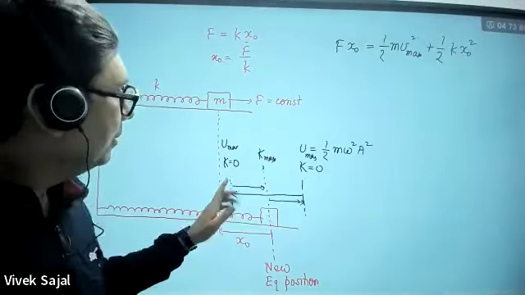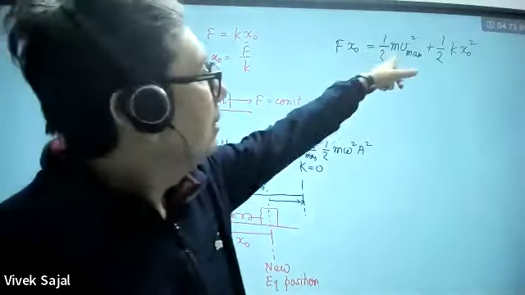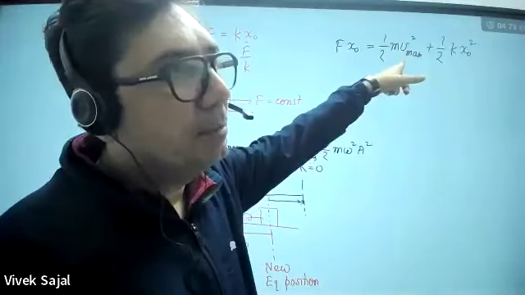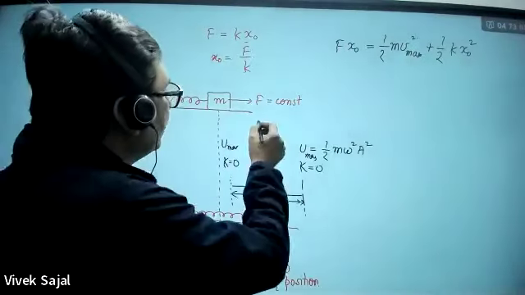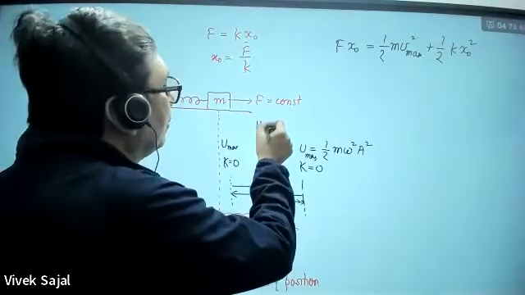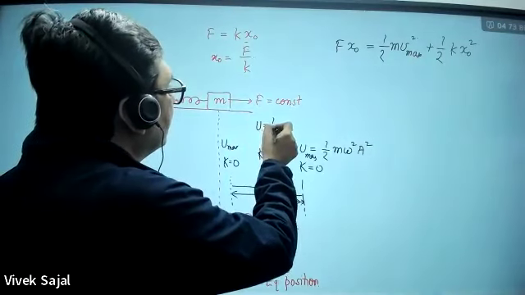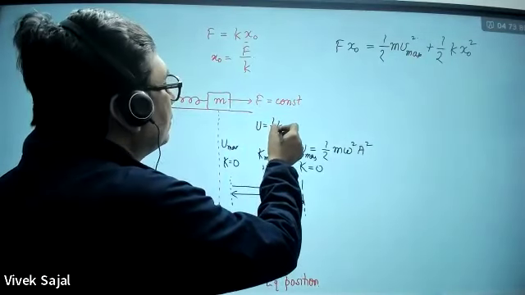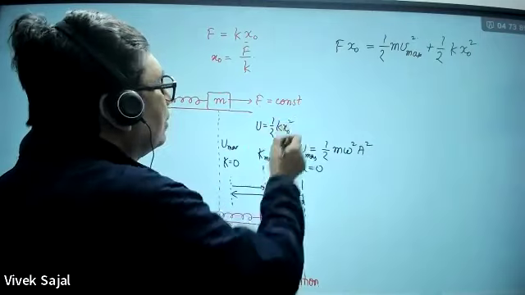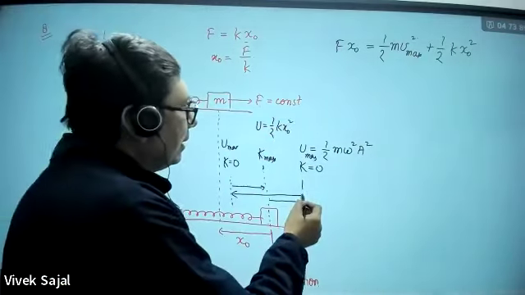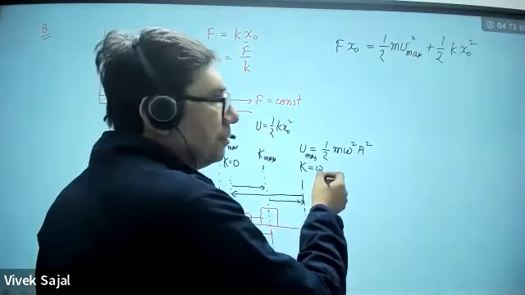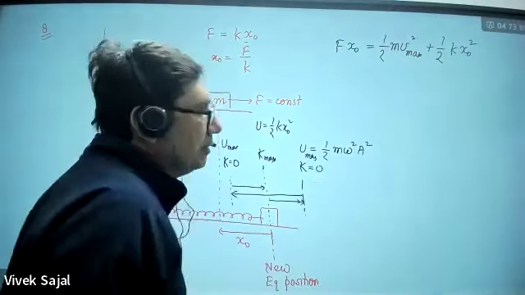So during this motion, at this point, this is the maximum kinetic energy. And what will be the potential energy here? Here the potential energy will be 1 by 2 k x naught square. At this point, kinetic energy will become zero and potential energy will be there.